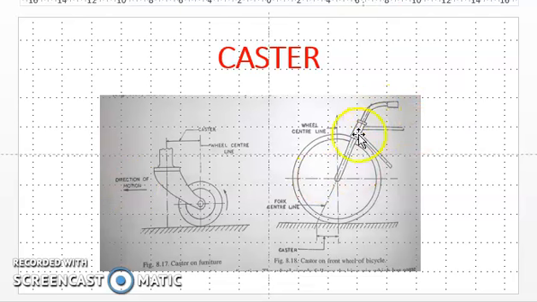This is the axis of the steering, here the steering of the bicycle, and this is the vertical axis in the plane. You will observe the direction of motion, the direction of the vehicle moving. At that time this angle is called the positive caster angle.